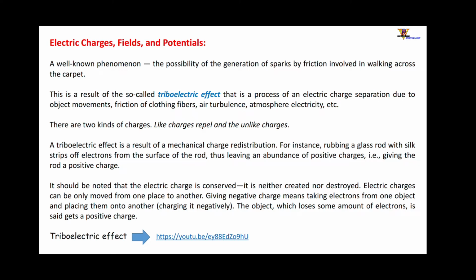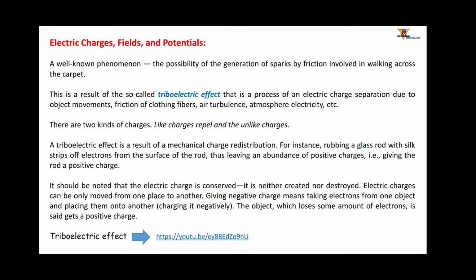If we rub a glass rod with silk, the silk strips electrons from the surface of the rod, meaning silk will acquire electrons and get negative charge, while leaving an abundance of positive charge, giving the rod a positive charge.